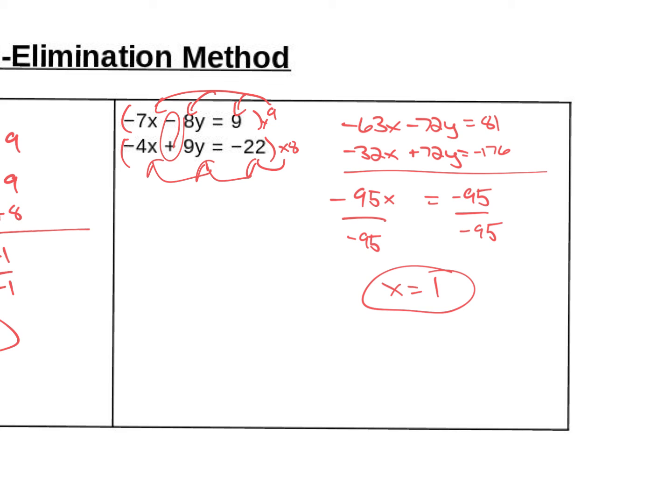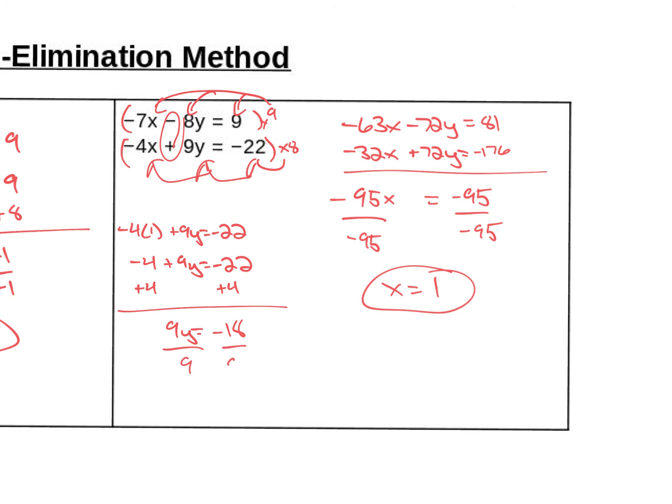All right, so again, now we're kind of back to, let's just plug it in and solve. I'm going to do the bottom one. So we got a -4 times 1 plus 9y equals -22, which makes that -4. And now we can solve. Add 4. 9y equals -18.